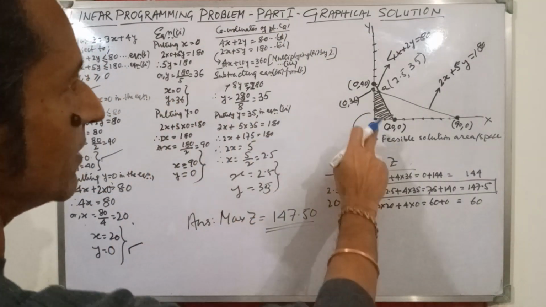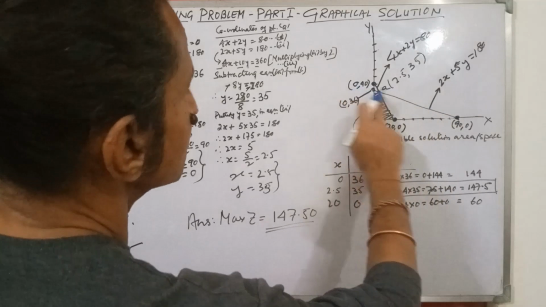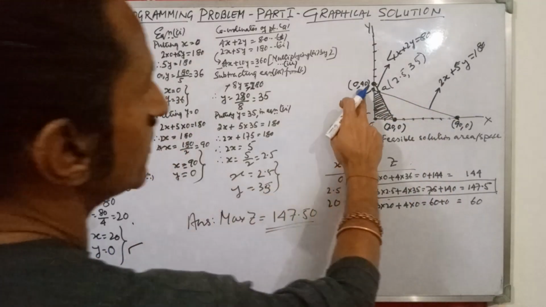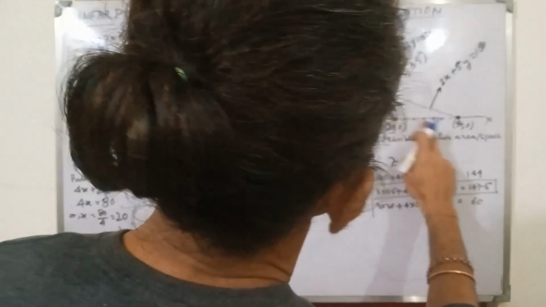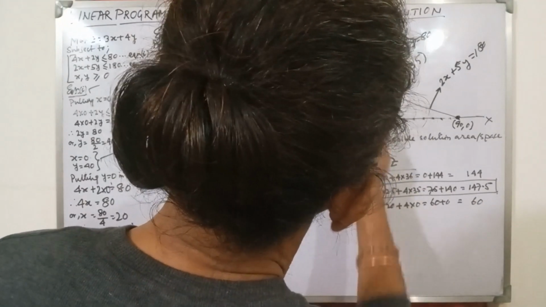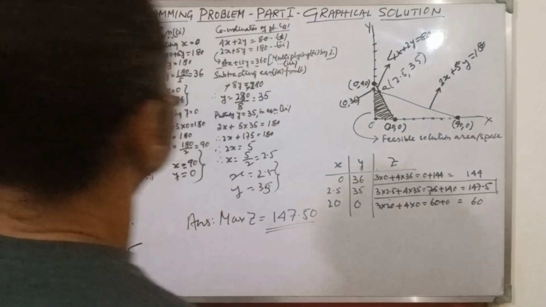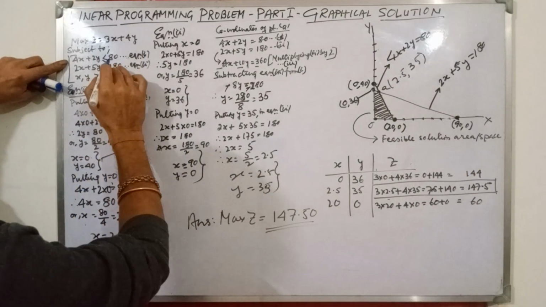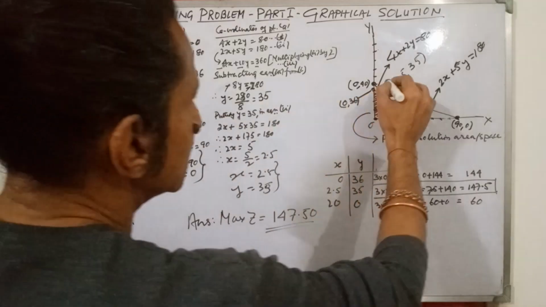We have joined these two points, 0, 40 and 20, 0. And 4x plus 2y equals 80 is the equation of this straight line.